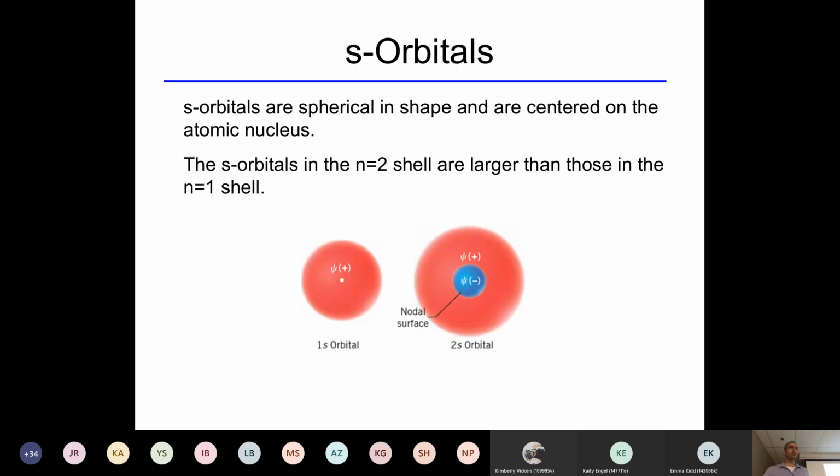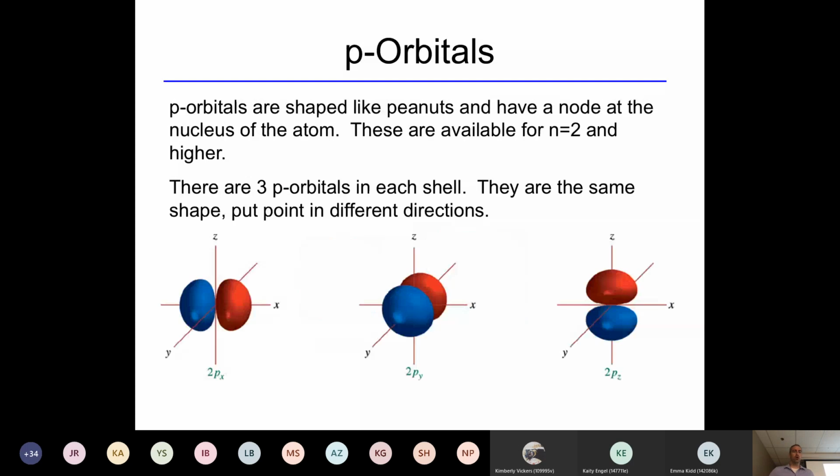So these orbitals that we find electrons in, we have s orbitals. These are spherical in shape, and basically all elements have some electrons in s orbitals. We have p orbitals as well. People always say that they're shaped like dumbbells, but I don't know, if you've ever seen a dumbbell, they don't really look like a dumbbell.